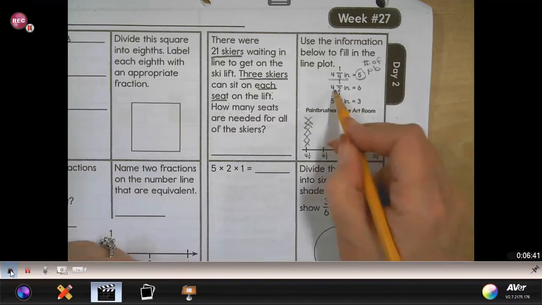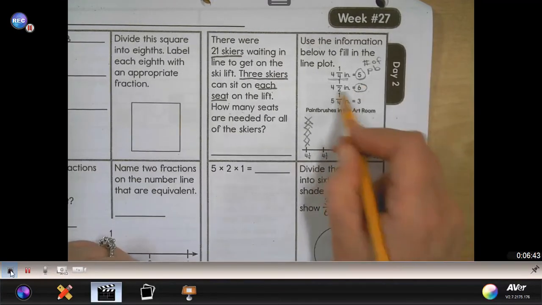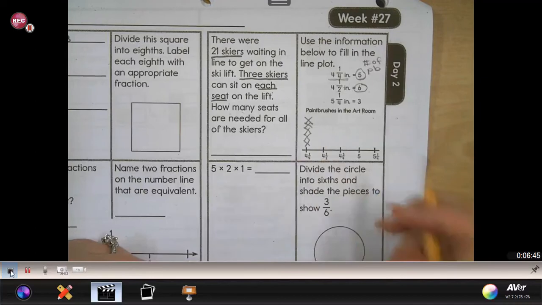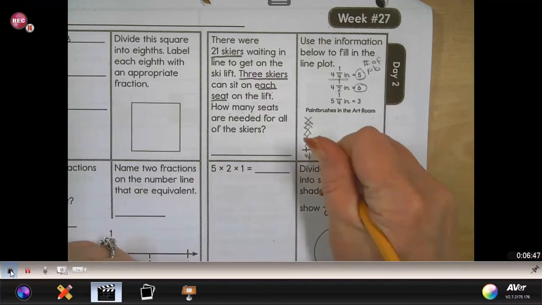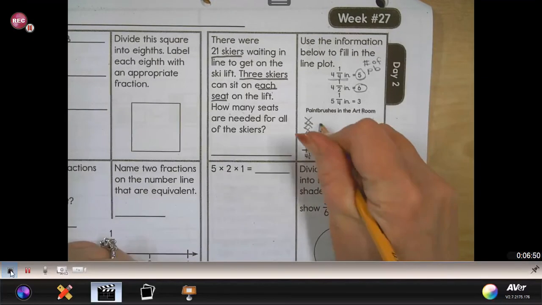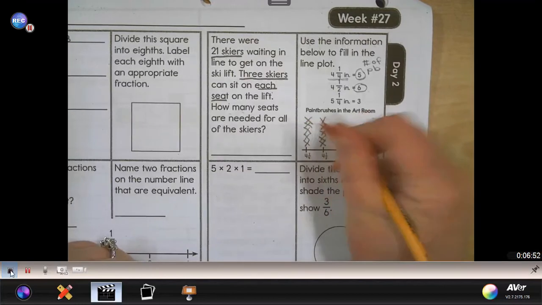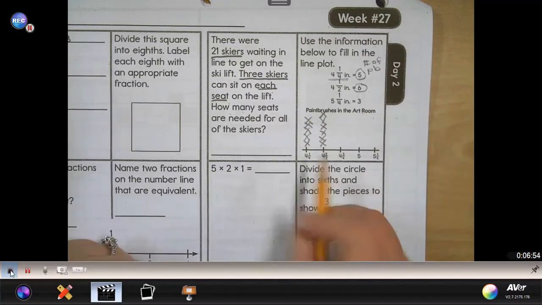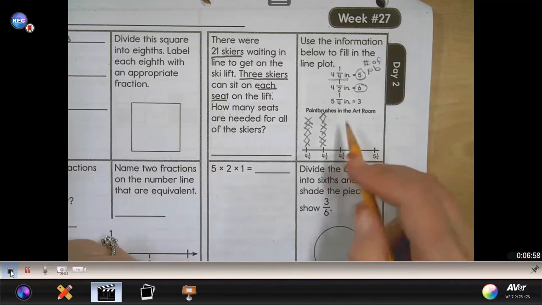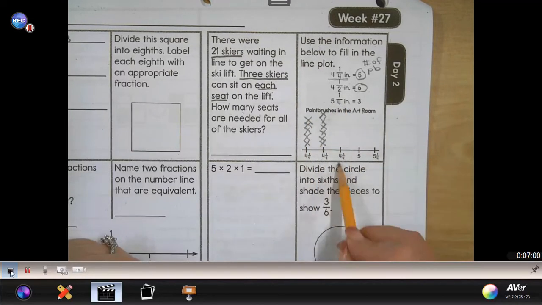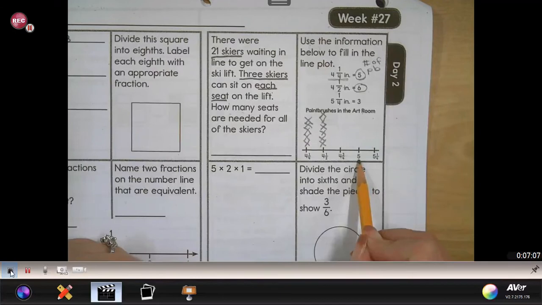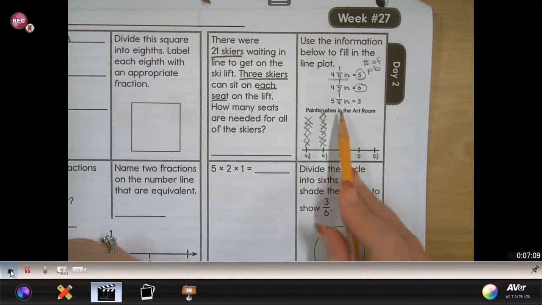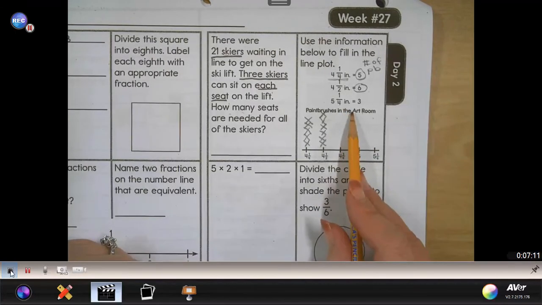Now we have 6 paintbrushes that are 4 1/2 inches. So we're going to have one more than the 4 1/4. Again, there's 5, and one more makes 6. Notice how I kept this lined up and equal. Now it says 5 1/4. So this is 4 3/4, and this tells me I don't have any. This is 5 inches, so I don't have any paintbrushes that are this length.